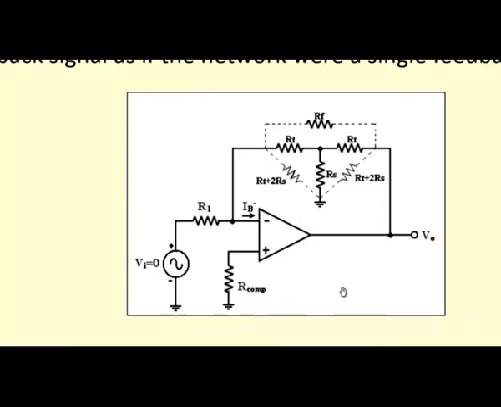If the input offset current is present, V naught is equal to IOS into RF. Again RF is the matter. If RF is made low, then the output voltage will be low, but we cannot make RF low since it is the deciding factor of the gain of the operational amplifier.